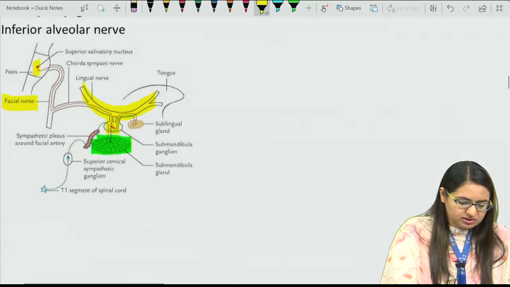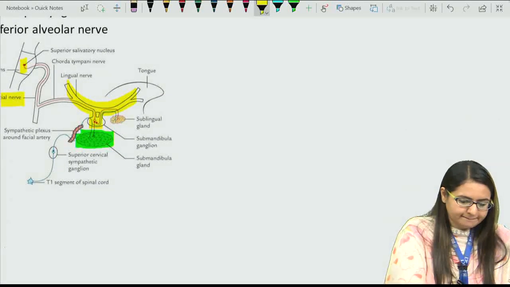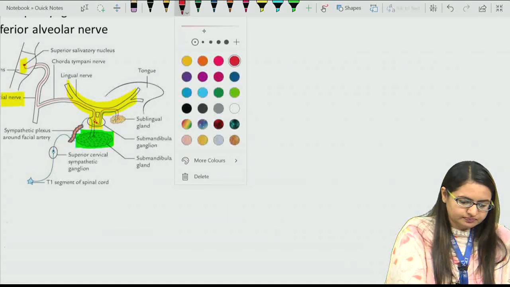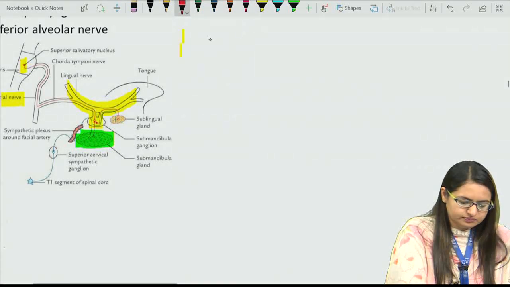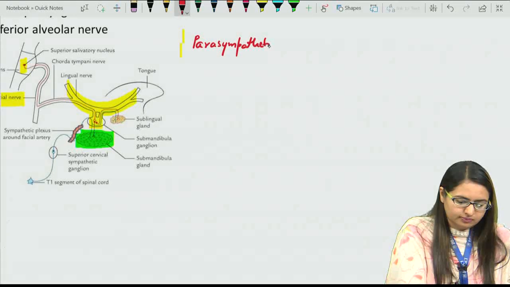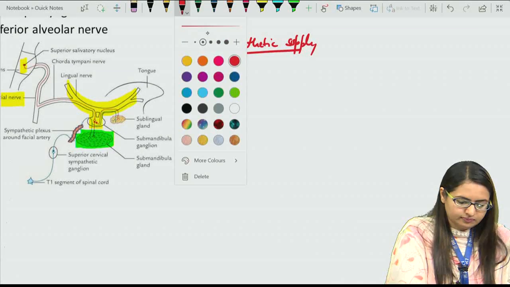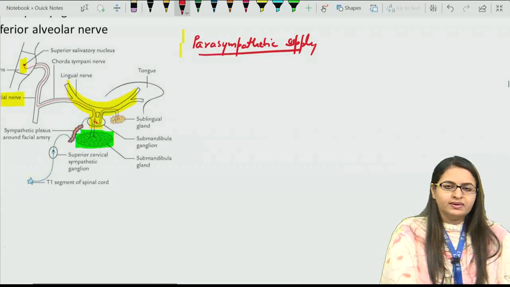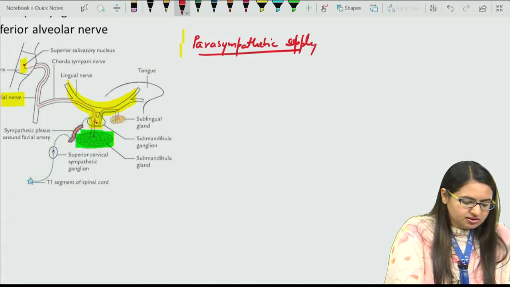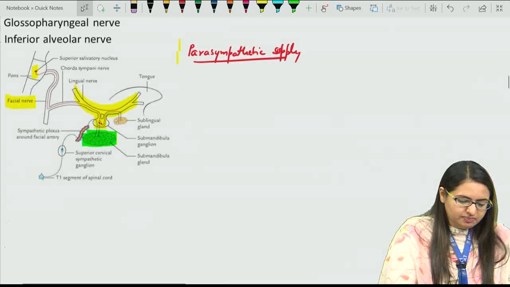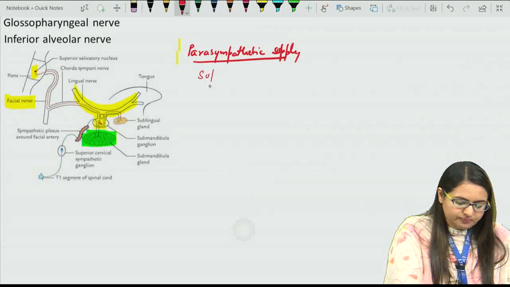When we talk about these supplies, for the parasympathetic supply, it begins in the pons by the superior salivatory nucleus.